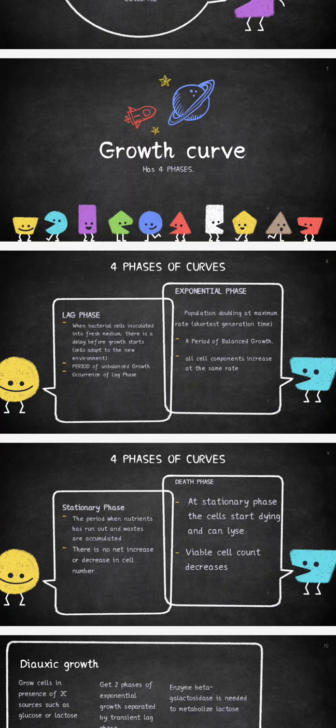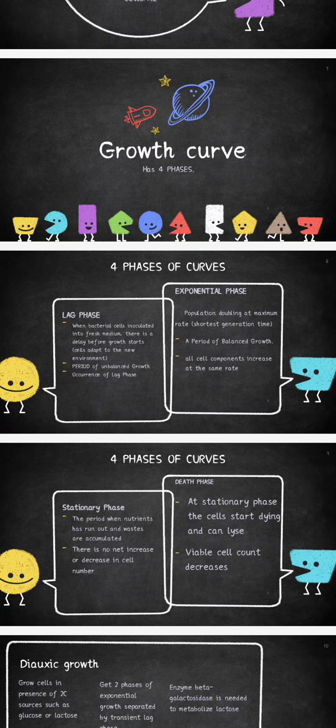So, ang iintindihin nyo lang dito sa lag phase, it is the period of unbalanced growth, where the growth of the bacteria depends on how they adjust to the fresh culture. And also, as compared to your lag phase, mas mabilis ang replication ng bacteria sa exponential phase.